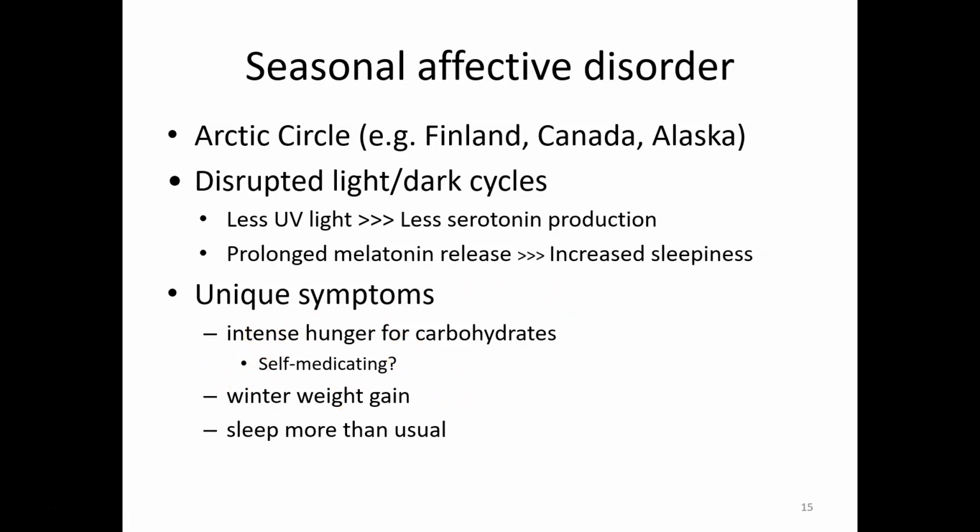There can also be significant winter weight gain, and you may see sleeping more than usual. So, depression is often associated with a reduced appetite, though not always. Seasonal affective disorder is a little bit more atypical, as you can see. To be diagnosed, you must not have other depressive episodes that are not linked to seasonal fluctuations. So this has to specifically only happen when the seasons change. So how do we treat it?